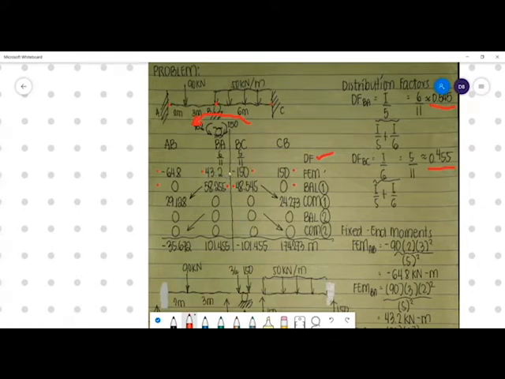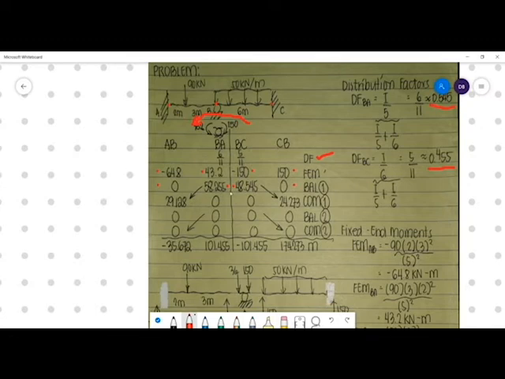That is the amount of moment that goes to their respective points. To BA goes 58.255 kilonewton meter, to BC goes 48.545. That came from the resultant of 150 and 43.2.